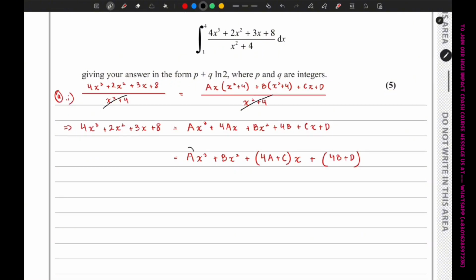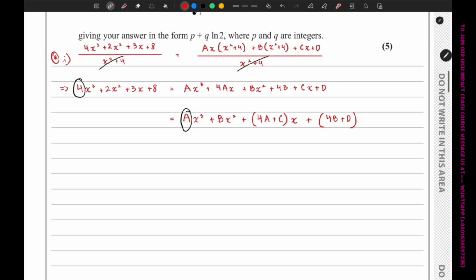We can say that a is equal to 4. So the value of a is 4, and then we can say that the value of b is 2.